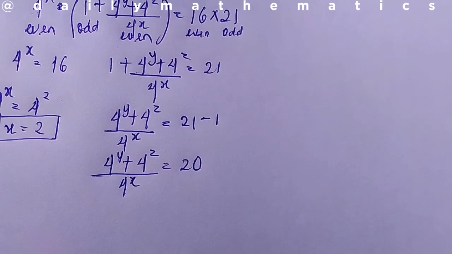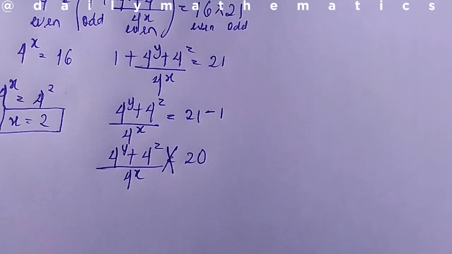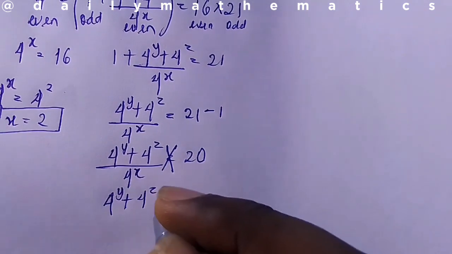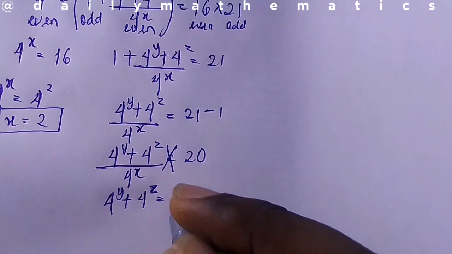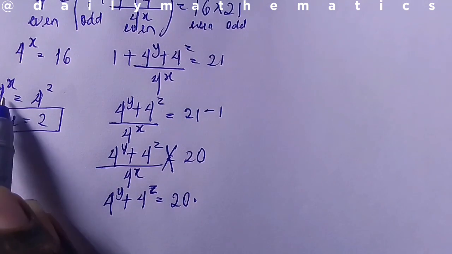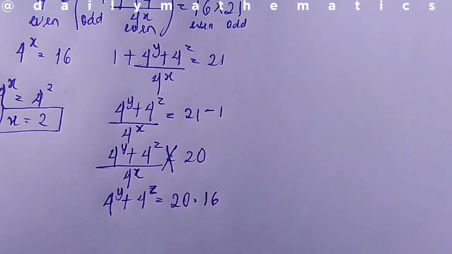Where we can now cross multiply, and we'll have 4 raised to the power of y plus 4 raised to the power of z equals 20 times 4 raised to the power of x. 4 raised to the power of x equals 4 raised to the power of 2, that's 16. So 20 times 16, right?